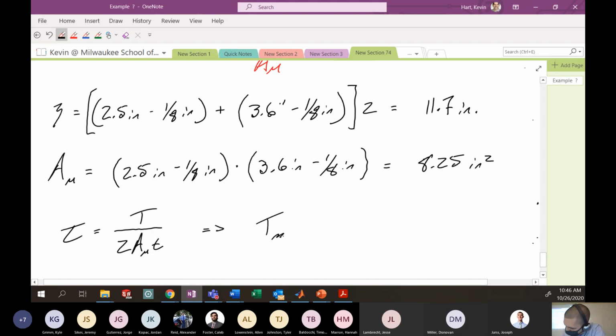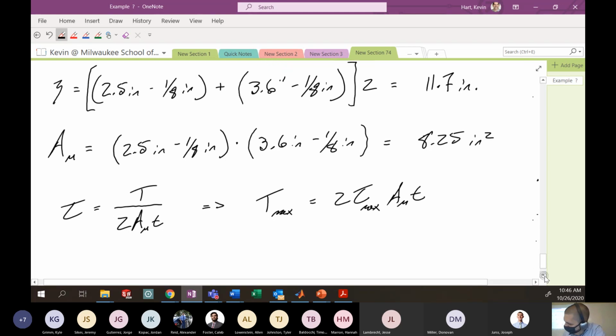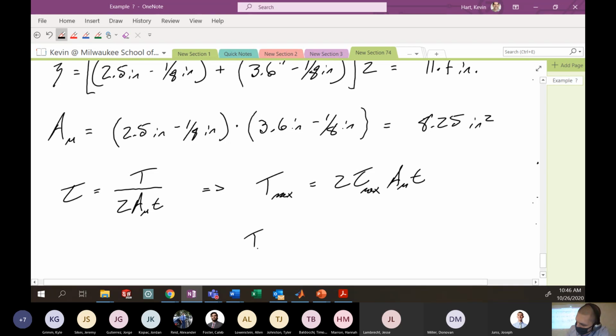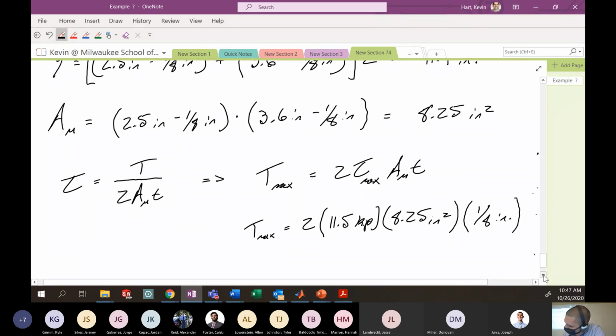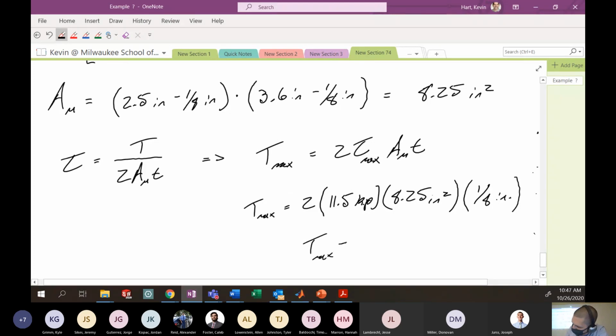So the maximum torque is simply 2 times tau max times A_M times t. Putting numbers in: tau max is 11.5 ksi, A_M we solved for is 8.25 inches squared, and our wall thickness is 1/8 inch. T max comes out to 23.7 kip-inch.